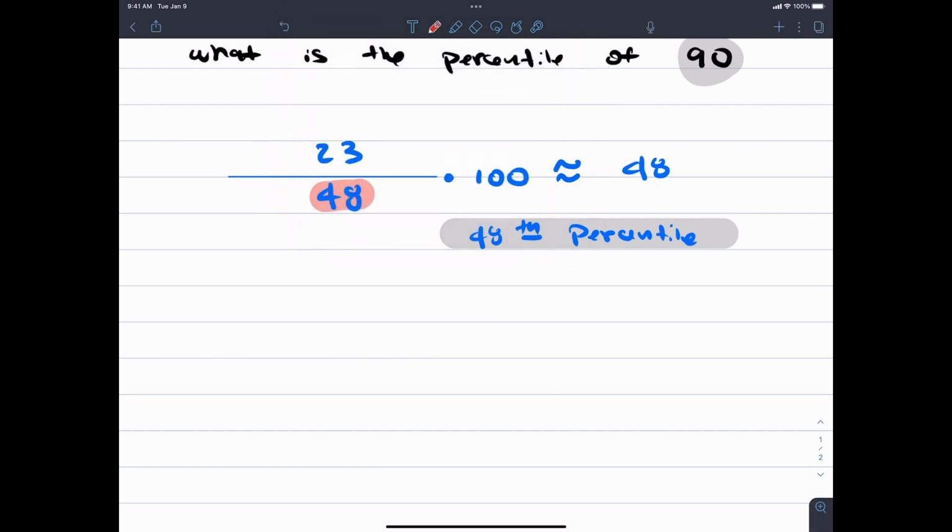What this means is 48% of the data is less than, behind the score 90. That's what this means.